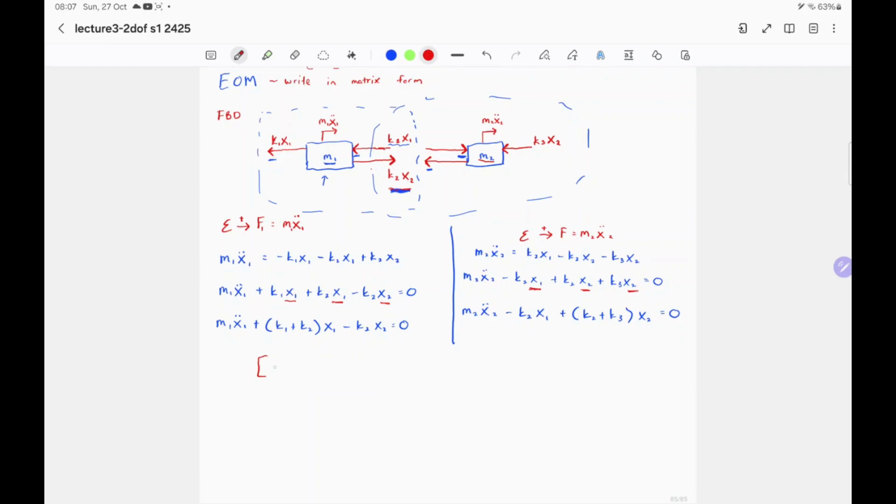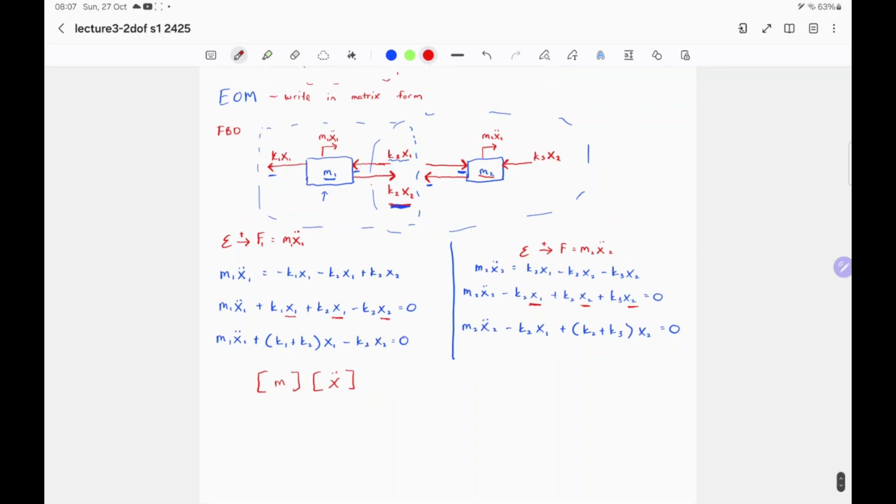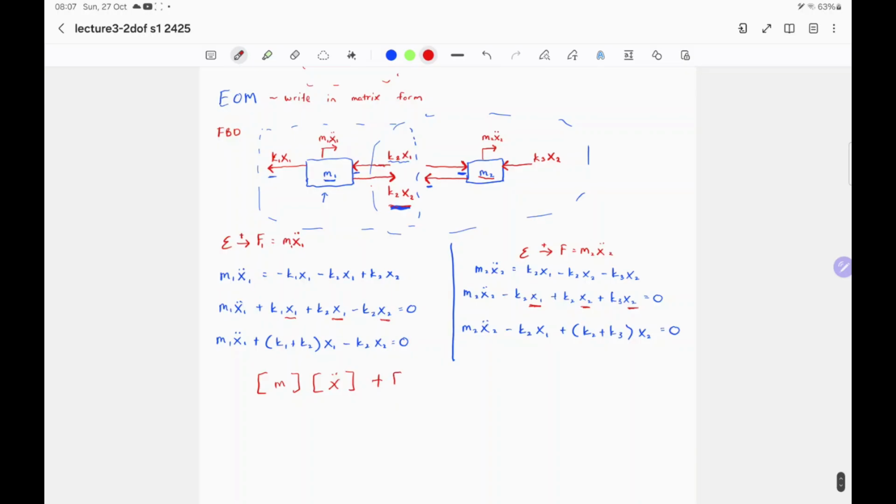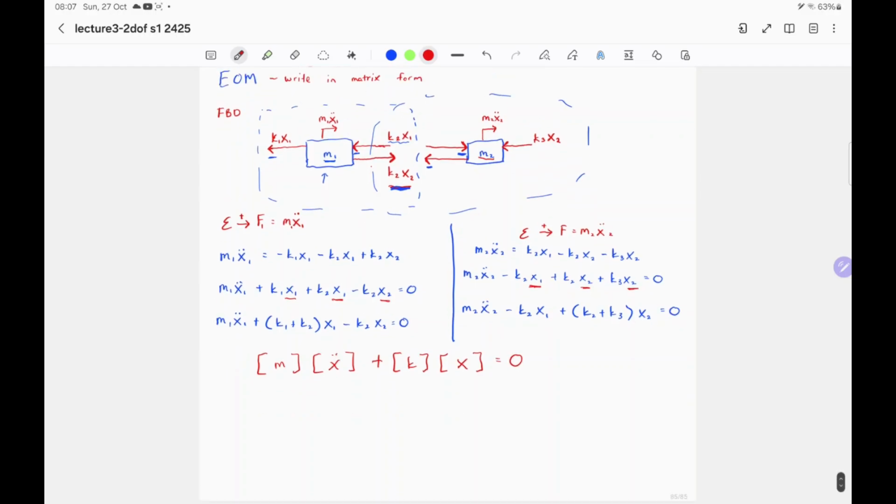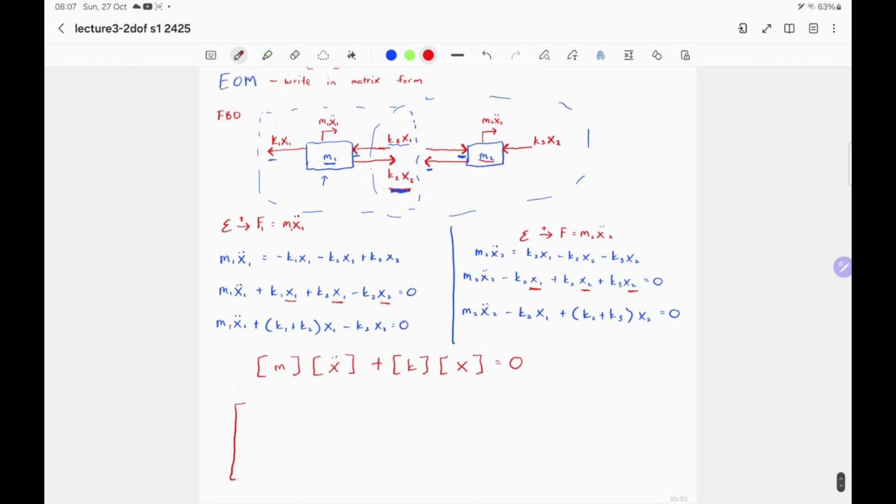So we know the general equation of motion is M x double dot, for free vibration because there is no external force, plus matrix K x equals 0. So we write it as matrix M.